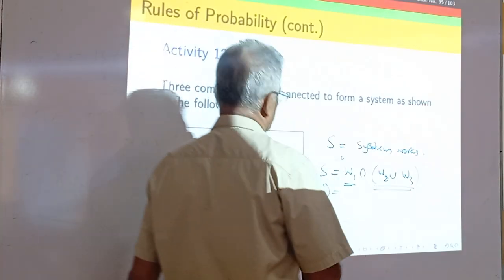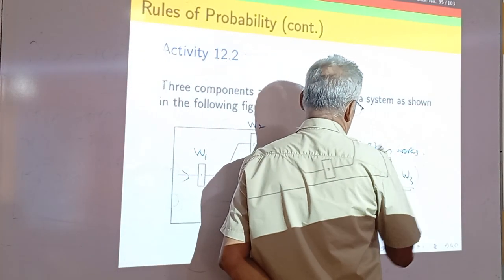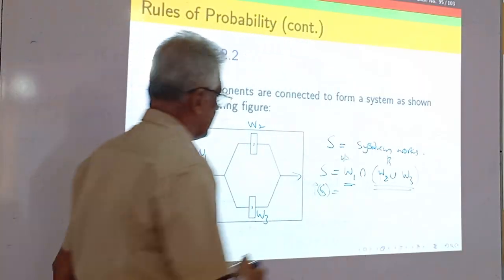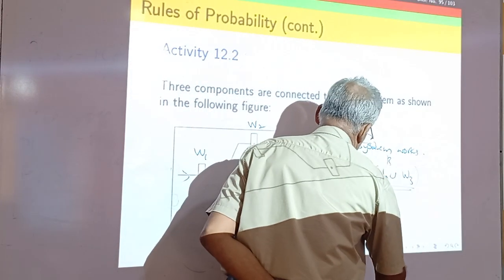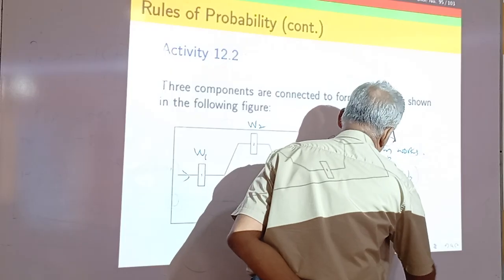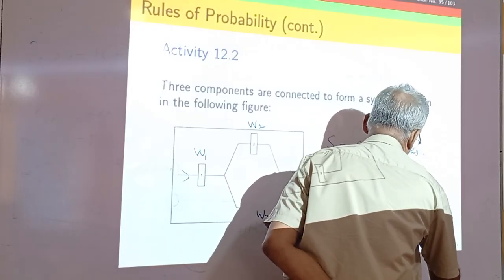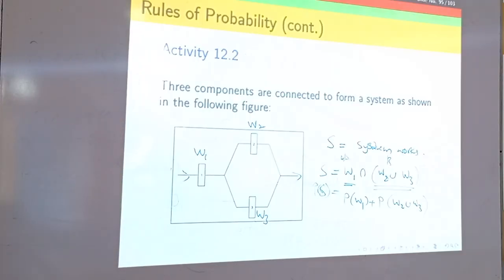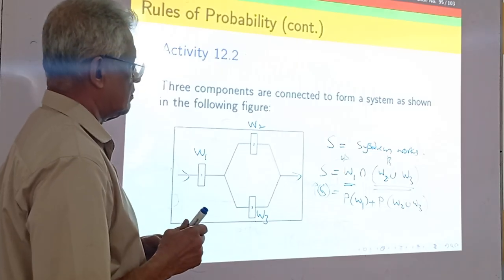So this is, for example, A and B. A and B are mutually exclusive. Therefore the probability first we can write down as probability of W1 plus probability of W2 union W3. That is the addition rule, special case. That's for union, no? That's intersects multiplication.